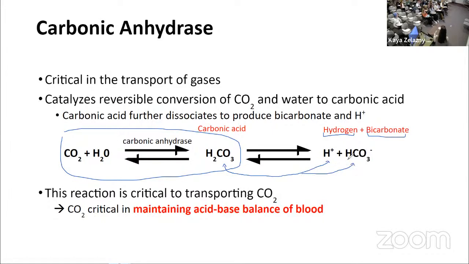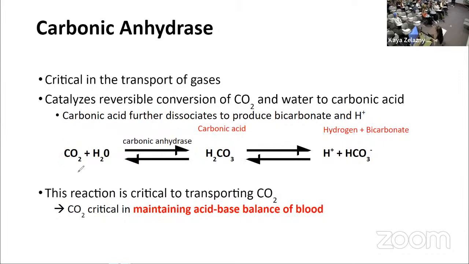So when we start to talk about pH balance, we're going to be thinking a fair bit about carbon dioxide, because ultimately, right, we're taking carbon dioxide and water and turning it into hydrogen and bicarbonate. So this is going to be a way in which we're ultimately going to be thinking about carbon dioxide as a biological acid in the blood. Okay. And we'll talk about what that means and the implications of that later on.